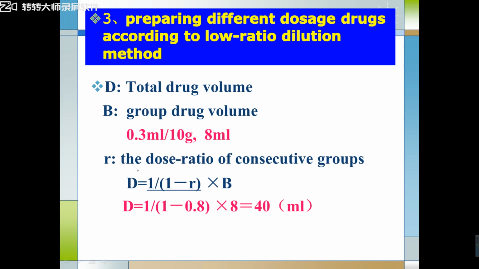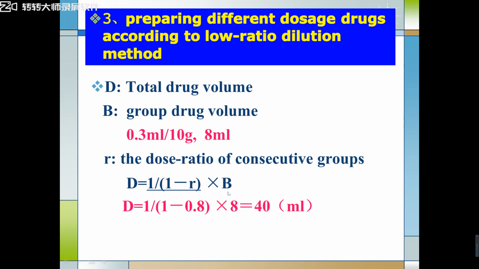In Karber's method, the equation is total drug volume equals 1 divided by 1 minus R, multiplied by B, the group drug volume. So we put these values into the equation. R, the dose ratio, we have calculated as 0.8.